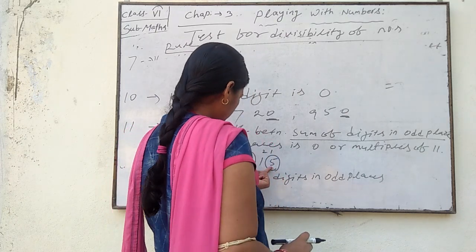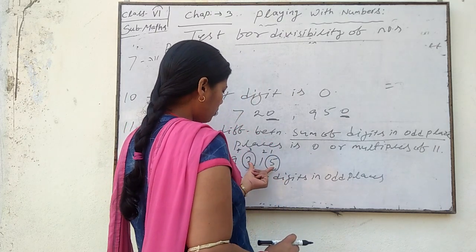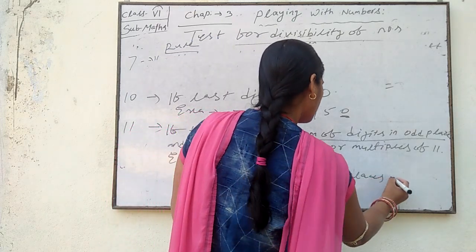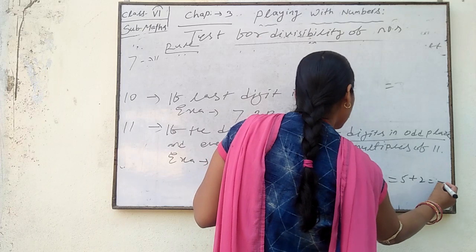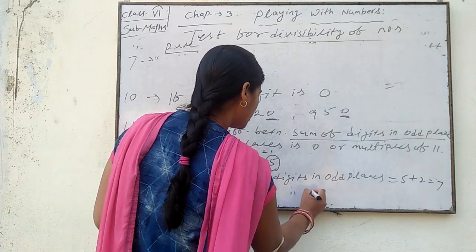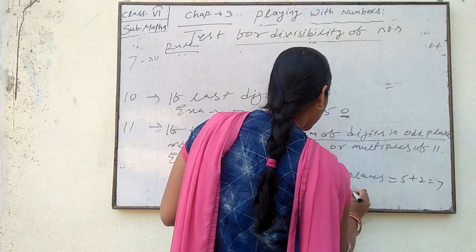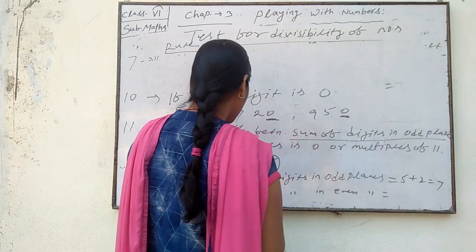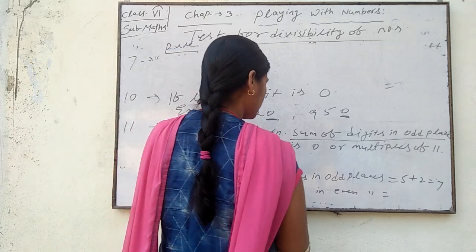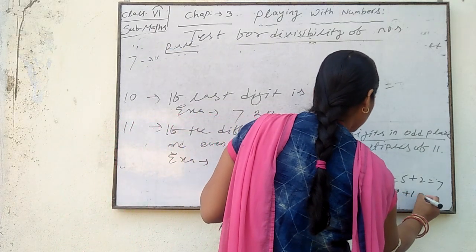So the digits in odd places are 5 and 2. 5 plus 2 is 7. Then the sum of digits in even places: 9 plus 1 is 10.